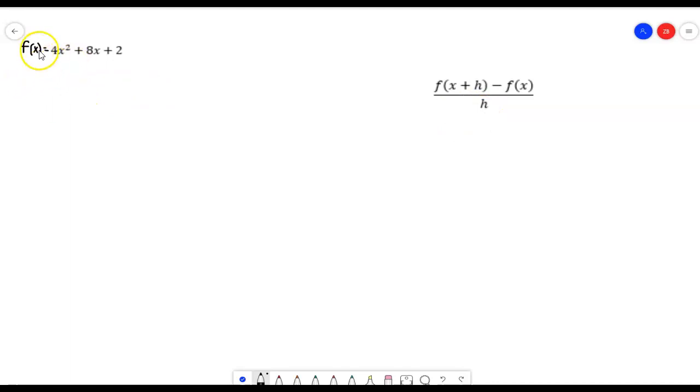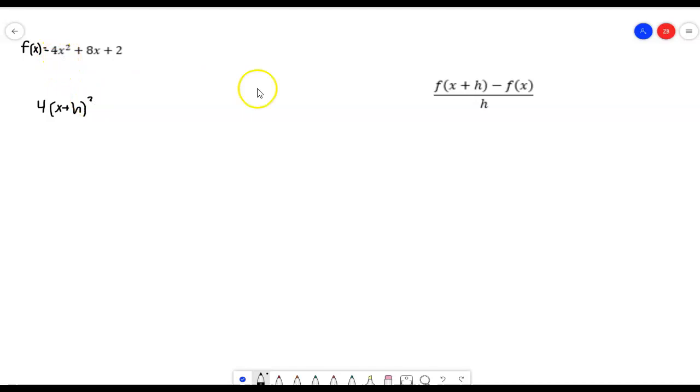All right, so here's our function, and I want to put it into here and then simplify it. The first thing is f of x plus h. That says I take my f function here, and wherever there's an x, I replace that x with an x plus h. So instead of an x, I put an x plus h, and then I square it.